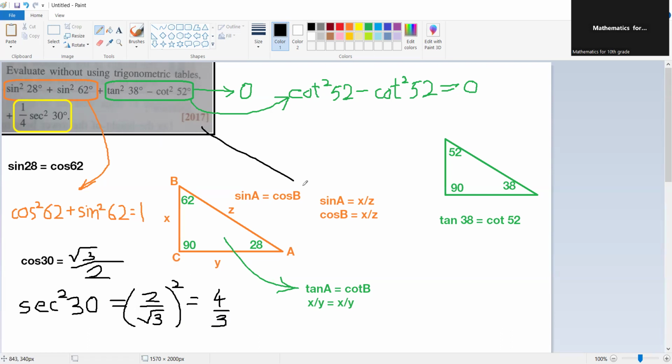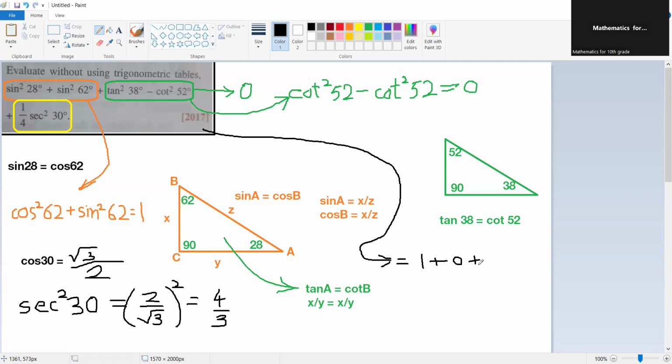So this entire thing is equal to 1 plus 0 plus 1/4 of sec square 30, which is 4/3.